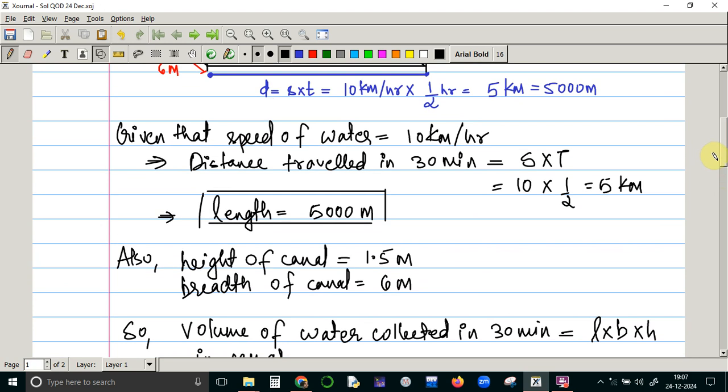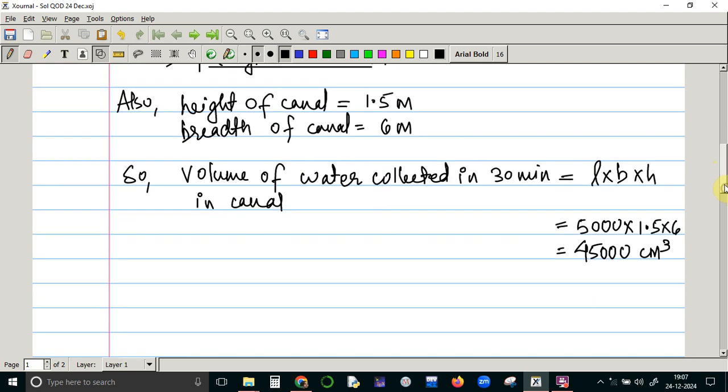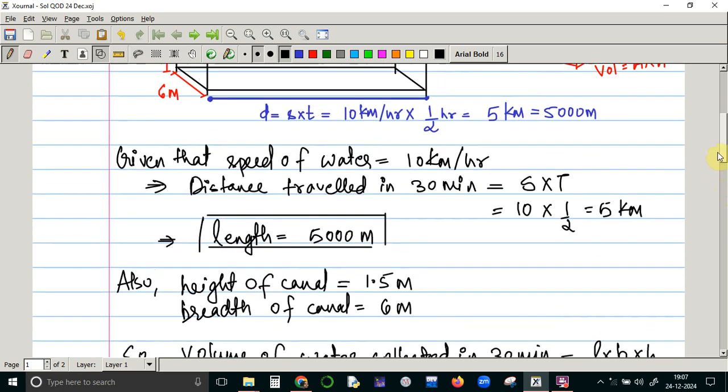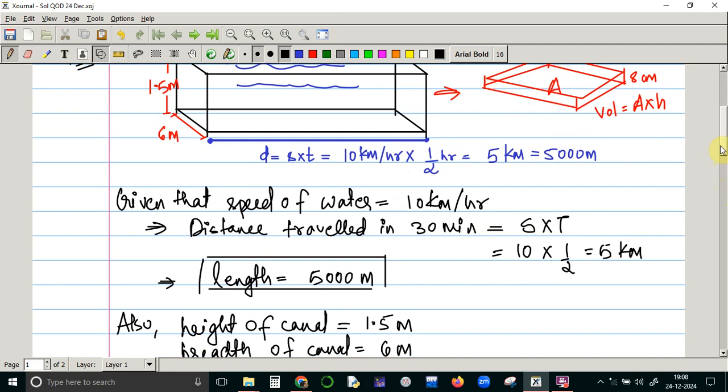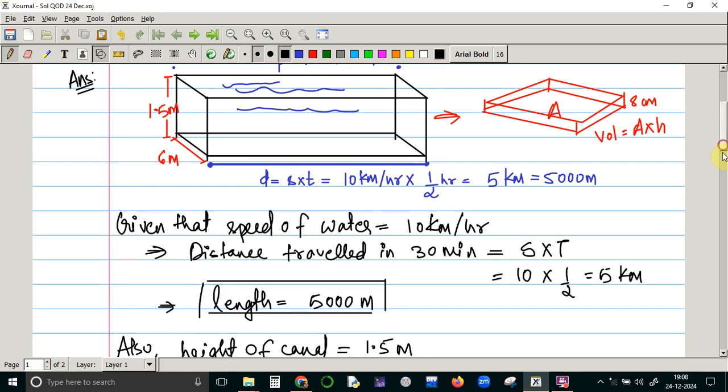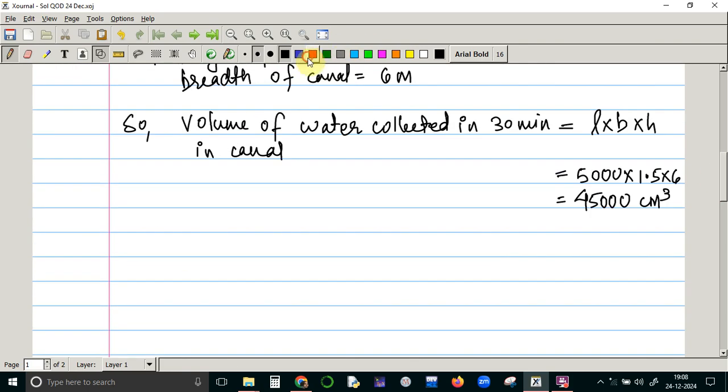Done. Now this much water is released in the field, and we don't know what the area of that field is. We know that the water must stay on the field with a layer of thickness 8 centimeter. Let's write it down.